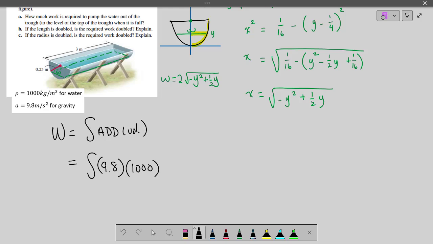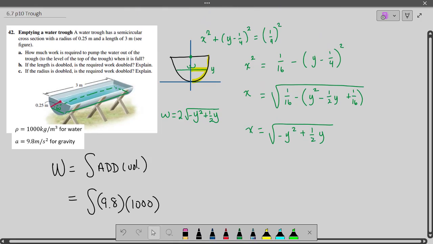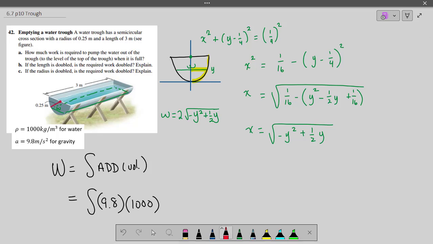Now we have to figure out if the water is being pumped right out the top here. So here's where the water is exiting, right there. What is this distance that the cross-section at height y travels? Quarter of a meter. Quarter minus y. Right, because the radius of this circle is 1/4, so that distance is a quarter. So then we have to subtract off y.